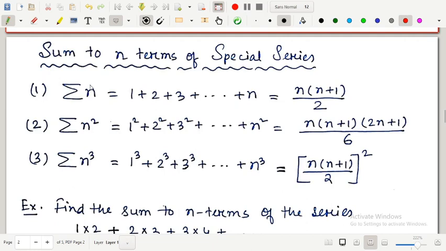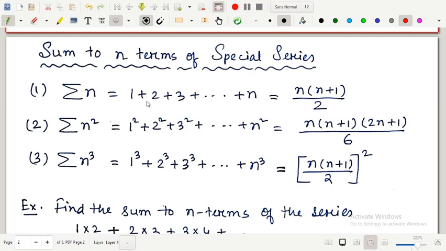So many of you are familiar with this formula. I think many of you, maybe almost all of you, are familiar with this formula. If you are already familiar with this formula, then it is very good, just a revision. And if you are not, then please see the formula carefully, and you may search in different textbooks of class 11 science, or advanced mathematics books of class 9 and 10.